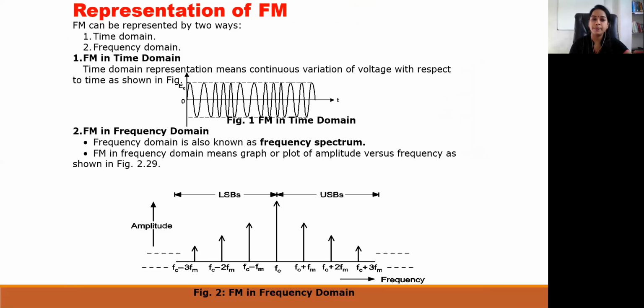These are two types of representation of frequency modulation, in time domain and in frequency domain. So how we plot the signal in time domain, you just have to vary the frequency according to the incoming amplitudes, and in this representation keep the center frequency, that is carrier frequency, as constant, fc plus fm, fc plus twice fm and fc plus thrice fm as upper side bands, and fc minus fm as lower side bands.